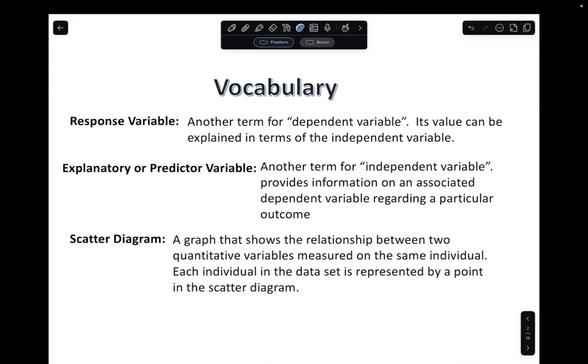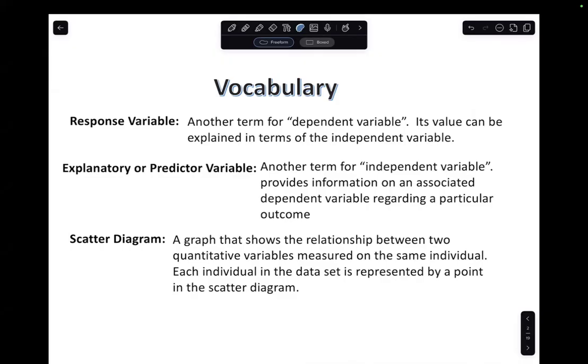All right, let's go on. Okay, so here is our vocabulary. So the response variable is like the dependent variable. So usually it would be the y in your y equals mx plus b. It is the vertical axis. So it is a dependent variable because it requires the first variable to make it happen.